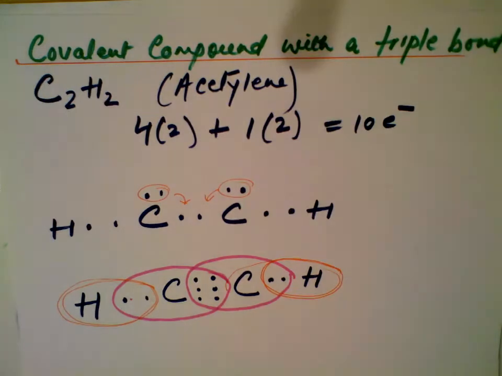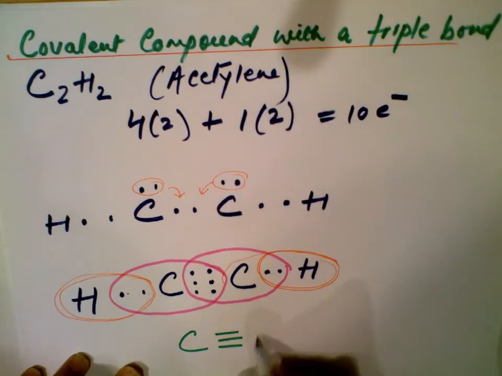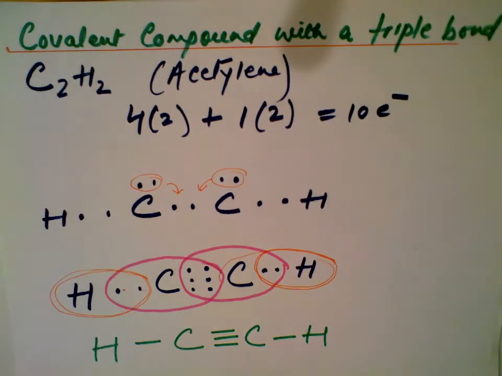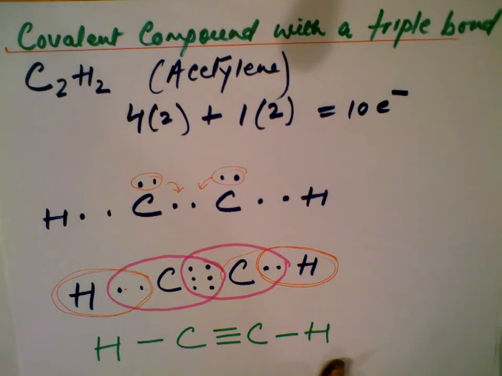Their octet is complete, and you will have 1, 2, 3. Okay, so that is the structure for a covalent compound with a triple bond. Here's the Lewis dot structure.